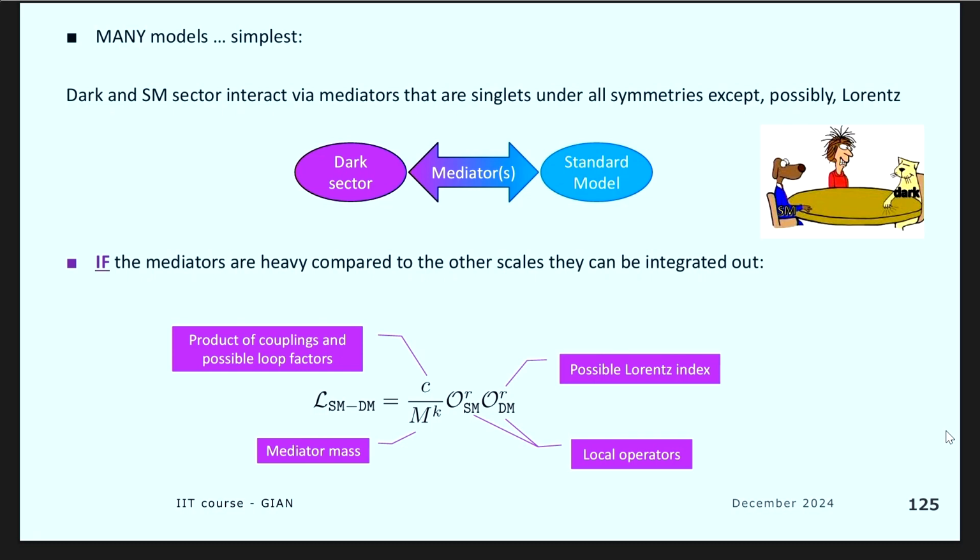There are two sectors, us and them. And we have mediators between the standard model and the dark sector. If the mediators are heavy compared to the scales, they can be integrated out, and you get an effective theory that generates operators like this.